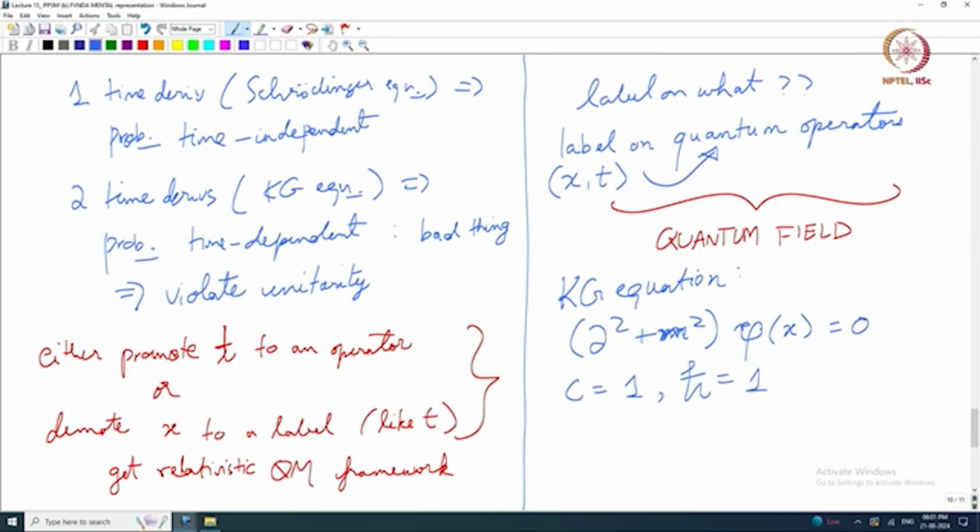This might sound crazy to you, but I always have the freedom to do this. I can always redefine a meter and a second such that c becomes 1, and I can always redefine other quantities like energy and so on such that h bar is also equal to 1.